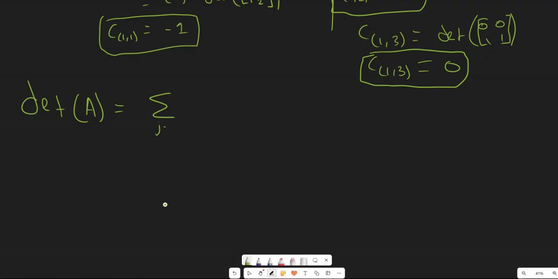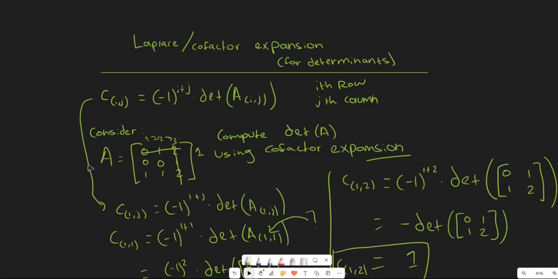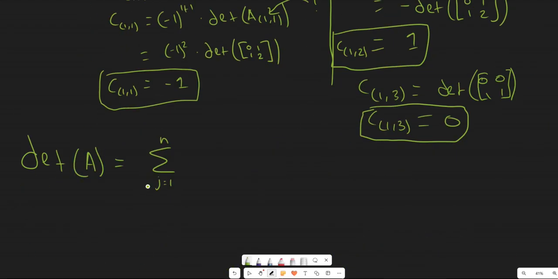The sum from j equals 1 through to n, where n is basically how big the matrix is, because it's always a square matrix. So for example, this one will be all the way to 3, for j equals 1 to j equals 3. And that will just be the entry in your ith row and your jth column in your original matrix A, multiplied by the cofactor that we just computed of your same ith row and jth column.